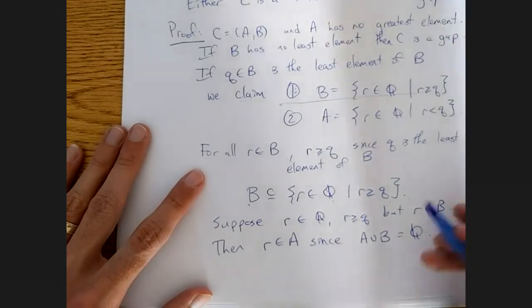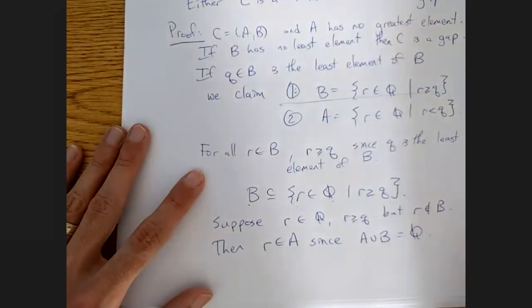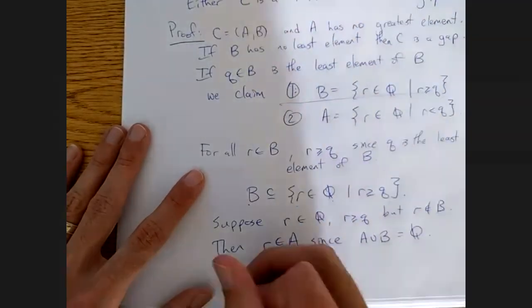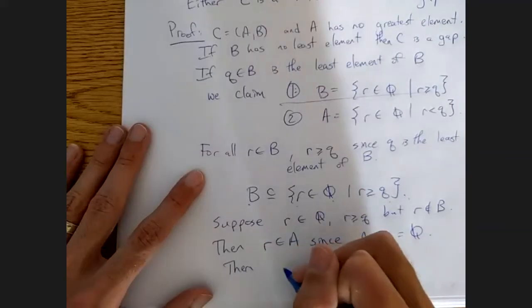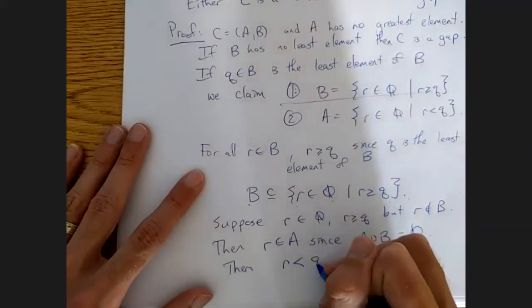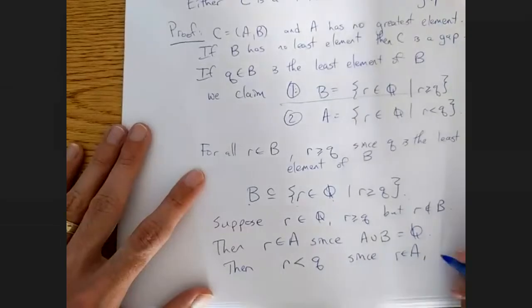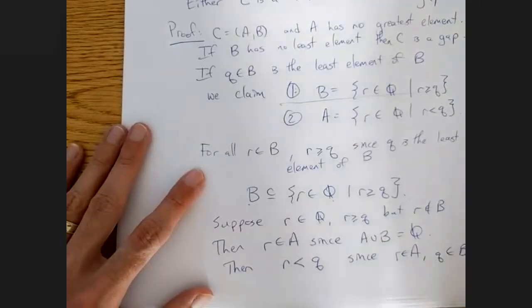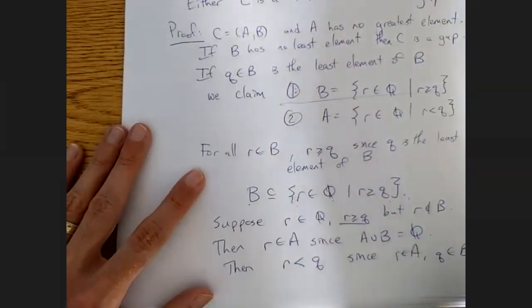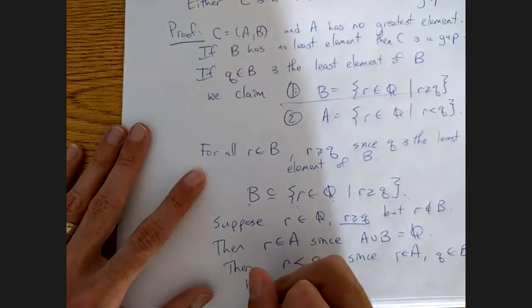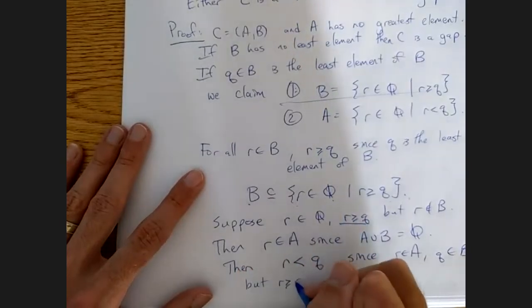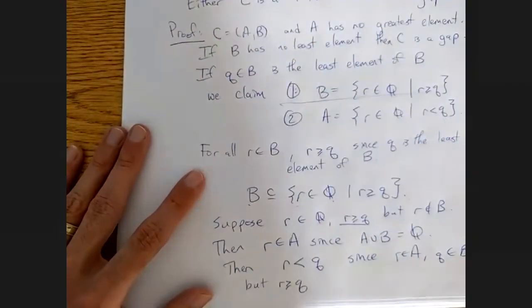But every element of A is less than every element of B. So in particular, R is less than Q, since R is in A and Q is in B. But by hypothesis, R is bigger than or equal to Q, which is a contradiction.